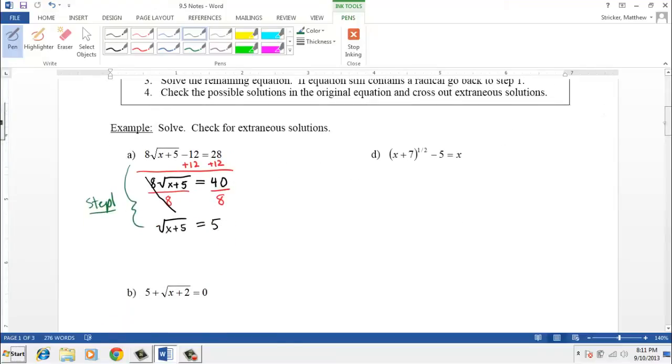So to get rid of our square root, we need to wrap both sides of the equation with parentheses and square. And so that of course makes the left hand side just x plus 5, and the right hand side becomes 5 squared or 25. So that right there is step 2.